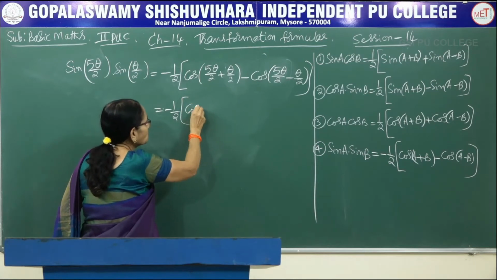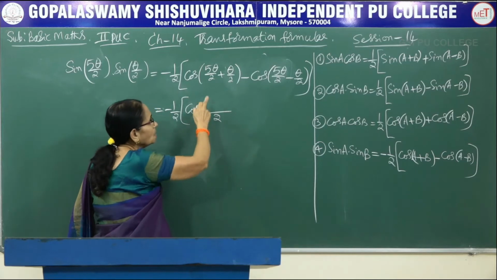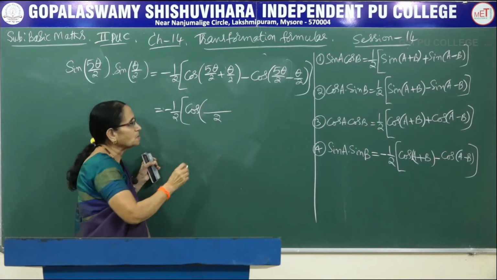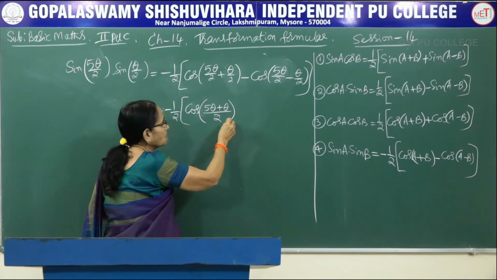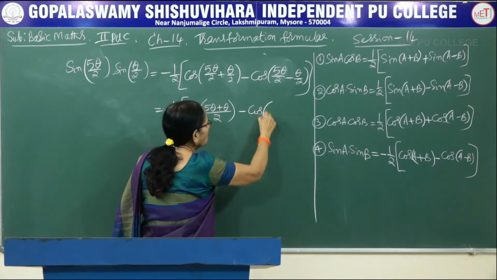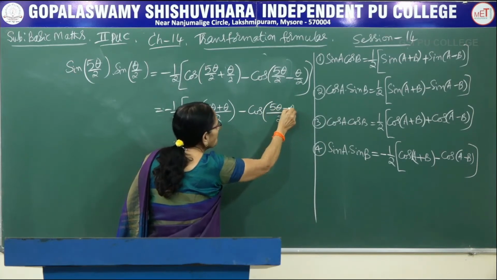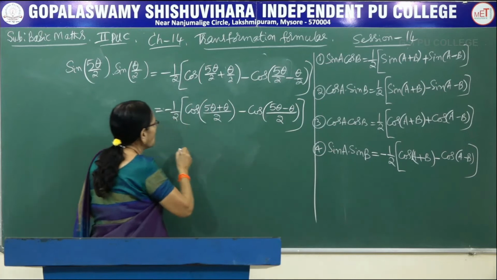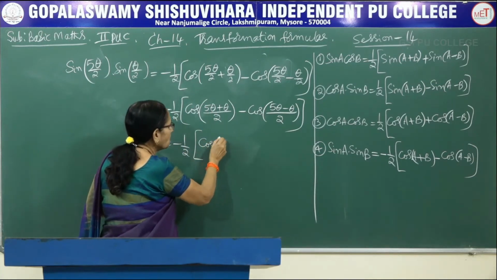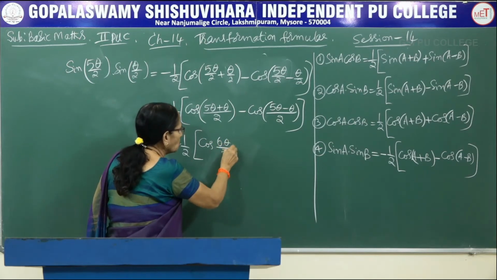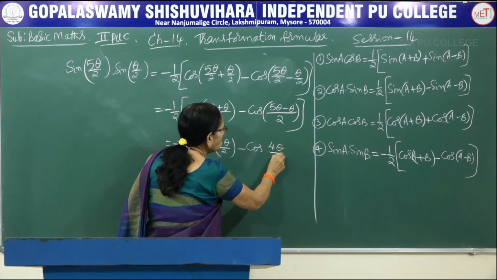Half of cos of, look here, 2 is the common denominator, which is the LCM. It is 5 theta plus theta by 2. Similarly, cos of 5 theta minus theta by 2. Or you can write minus half of cos of 6 theta by 2 minus cos of 4 theta by 2.